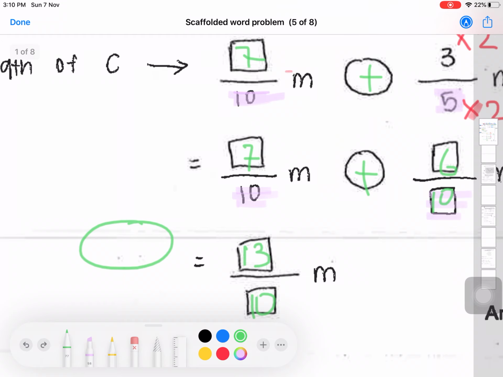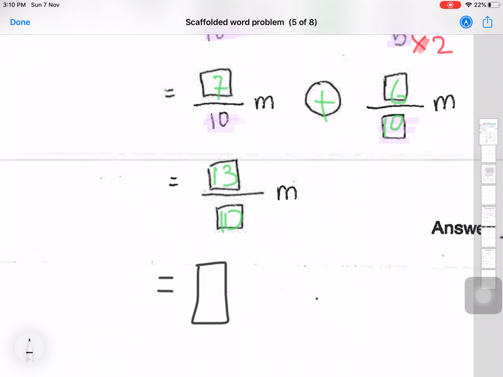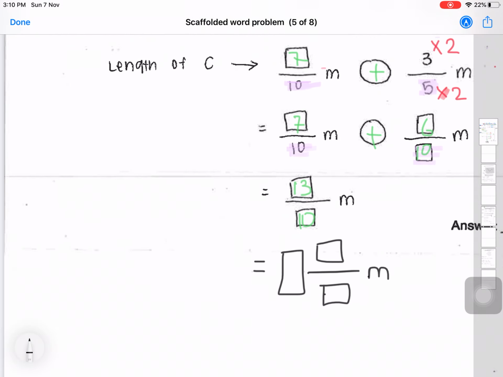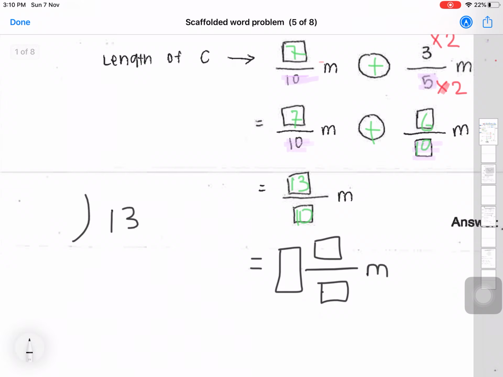To change it to a mixed number, a mixed number looks like that. A whole number with a proper fraction. So to change it to a mixed number, we are going to do division. 13 divided by 10.